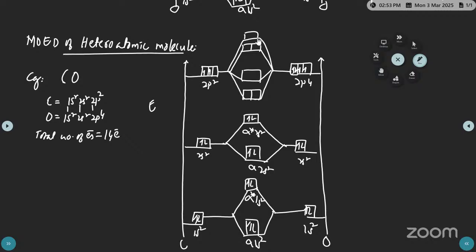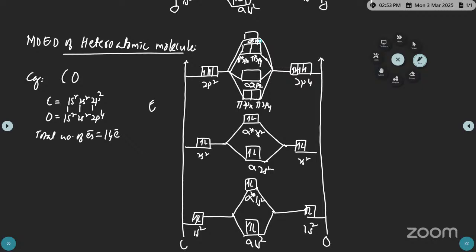These are pi 2px and pi 2py, this is sigma 2pz, and then pi star 2px, pi star 2py, and sigma star 2pz.